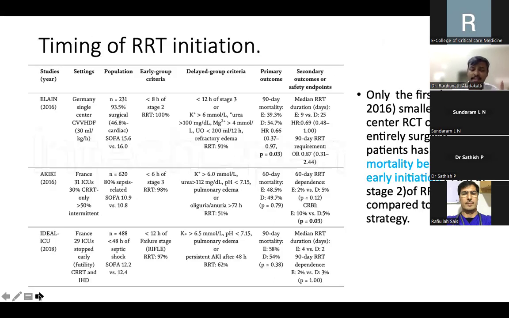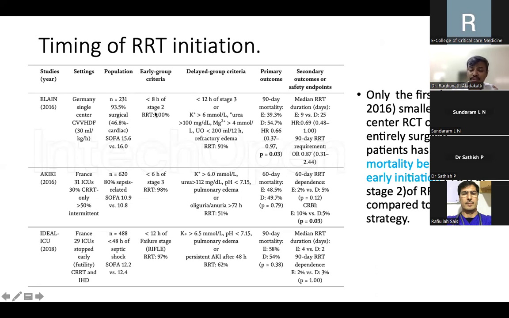Here what I'm telling is, apart from these absolute indications, people have asked whether we can do early dialysis when there are no absolute indications but blood urea is rising. That is called early initiation, or timing of RRT initiation. Many trials used less than 8 hours of stage 2 renal replacement therapy.